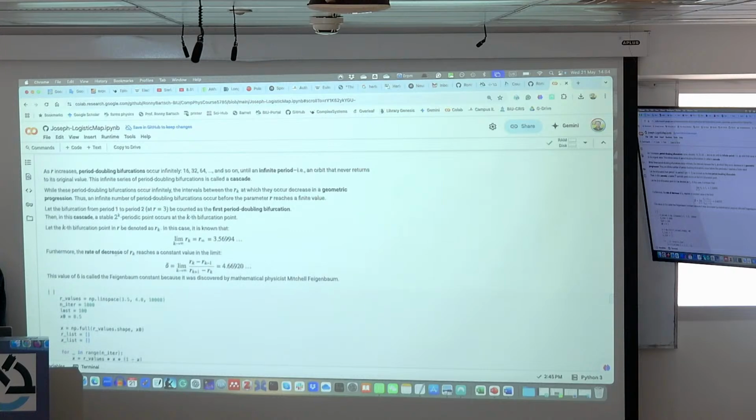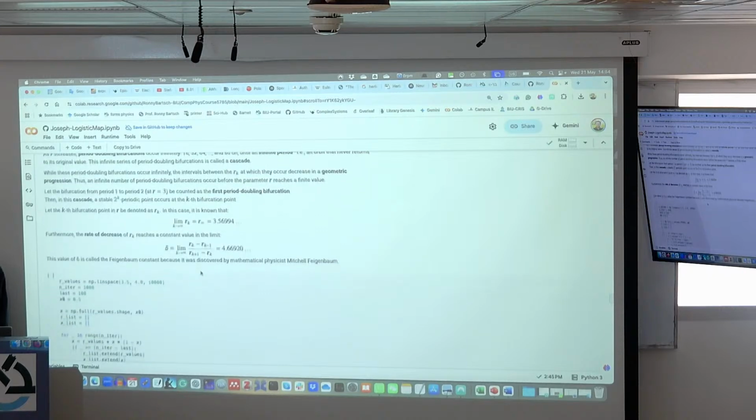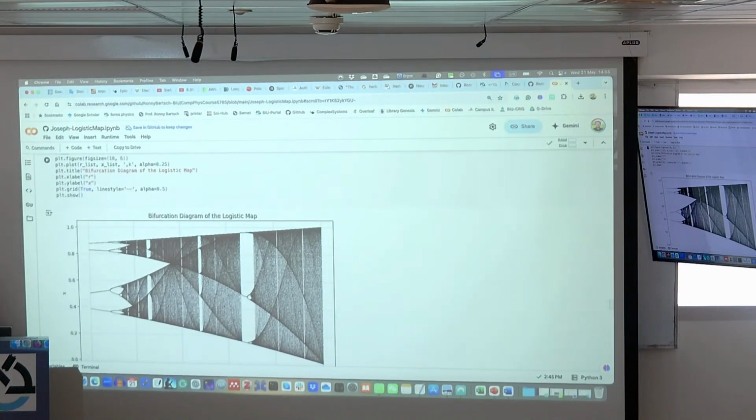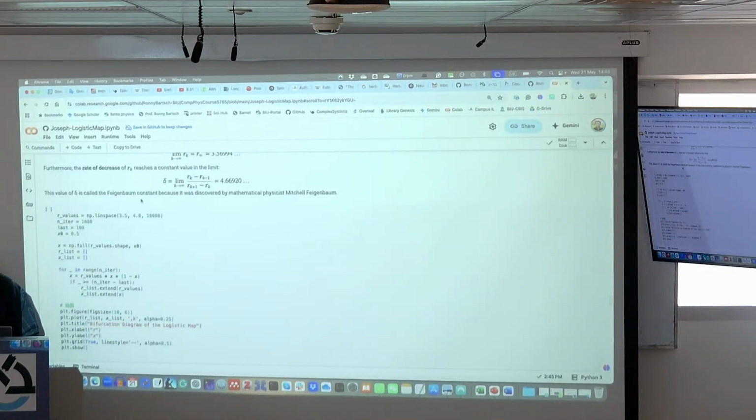Furthermore, the ratio of the rk reaches a constant value in its limit. We call it the Feigenbaum constant. That is how to explain why the logistic map is a fractal. Let me change it for you to see.